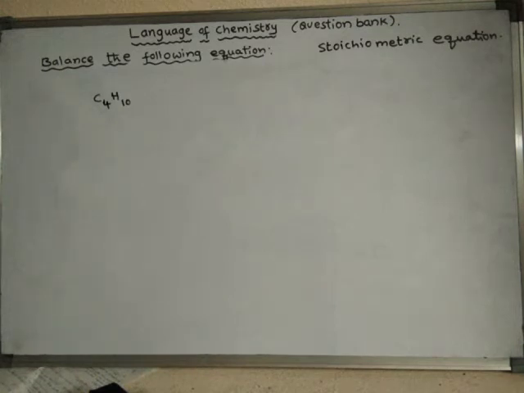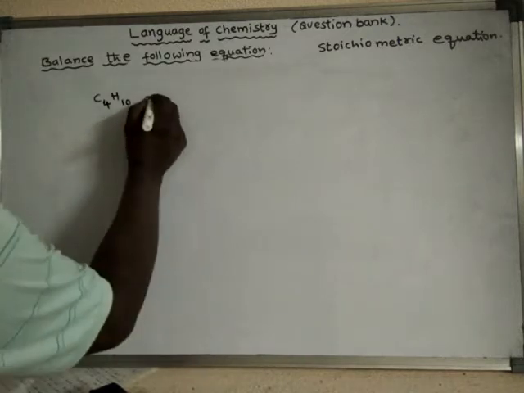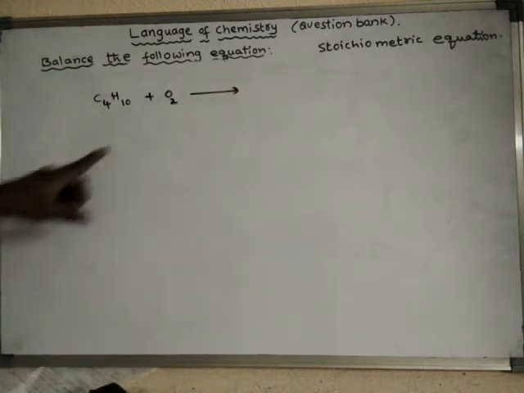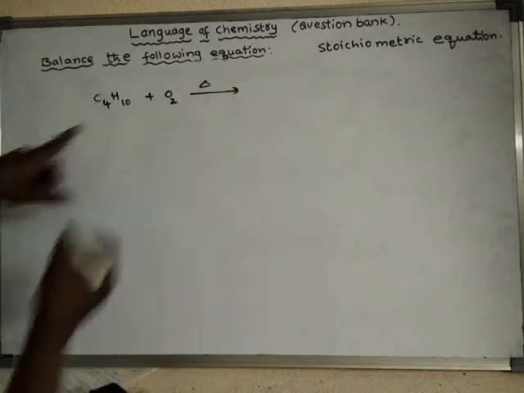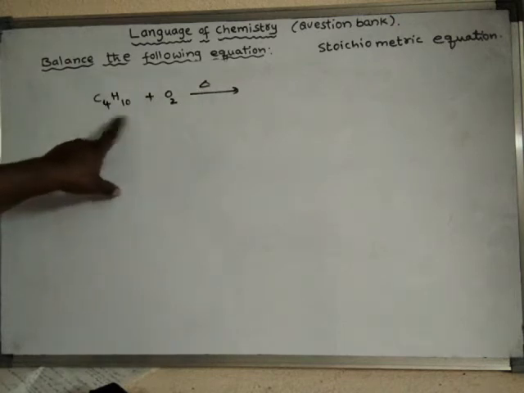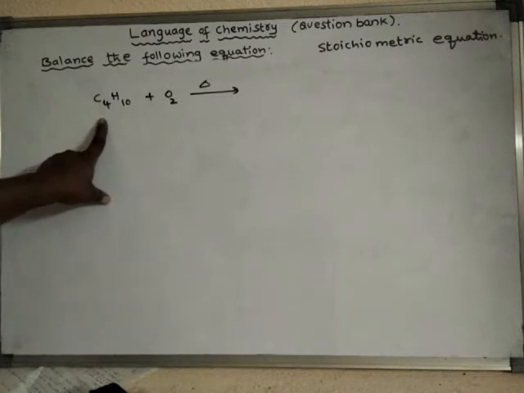When it is reacted with oxygen, it forms... Generally, if any substance is heated in oxygen, that substance will undergo combustion. Combustion means burning. Any heating of a substance in oxygen is said to be combustion.